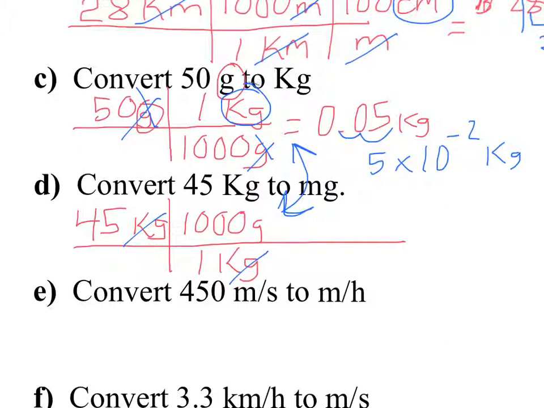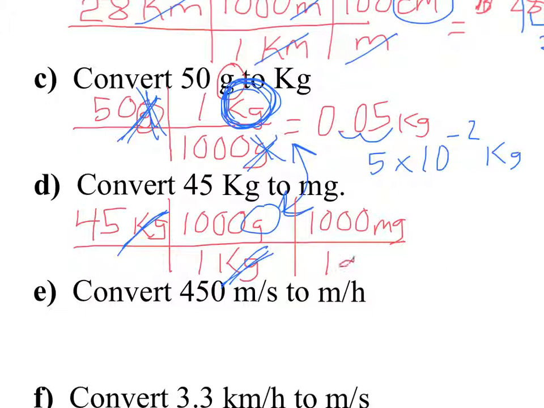In the case in C up here, we're trying to get rid of grams and leave kilograms behind. Here, we're trying to get rid of kilograms and leave grams behind. So we've just flipped the conversion factor upside down. Now let's get rid of these grams and go to milligrams. There are 1,000 milligrams in every gram.